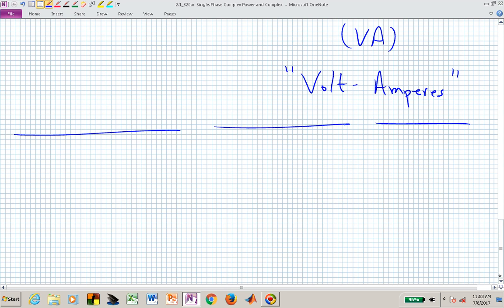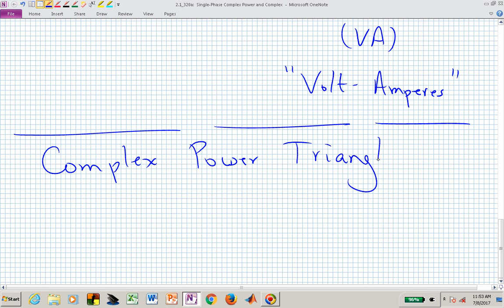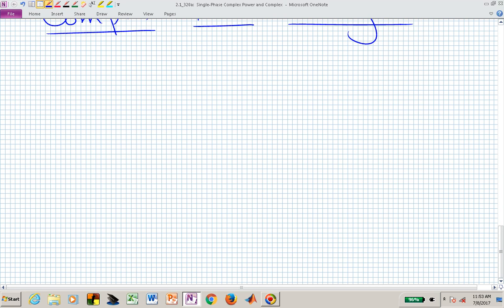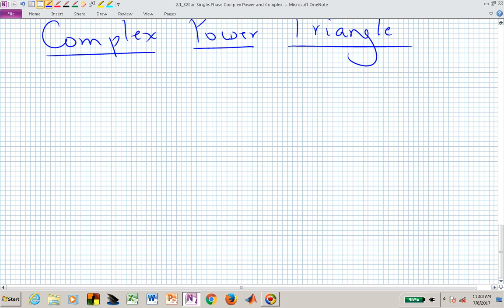Another way that we can keep track of this is through a more geometric interpretation, and that's when we start looking at this complex power in the form of a triangle. We have a real part we call P. That's our real power, and that's the horizontal piece of this complex quantity.